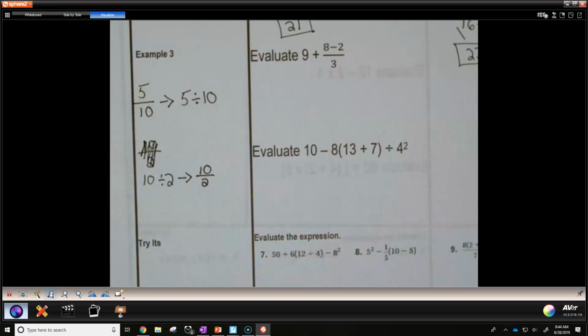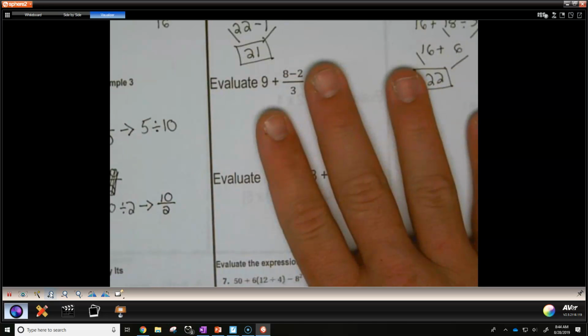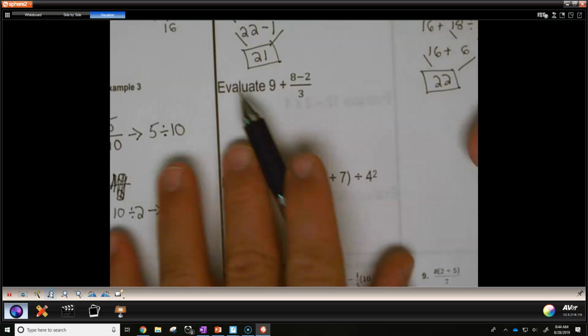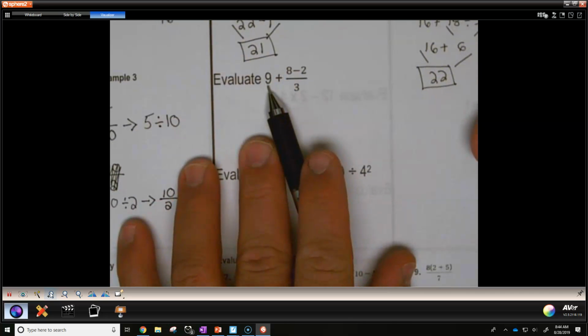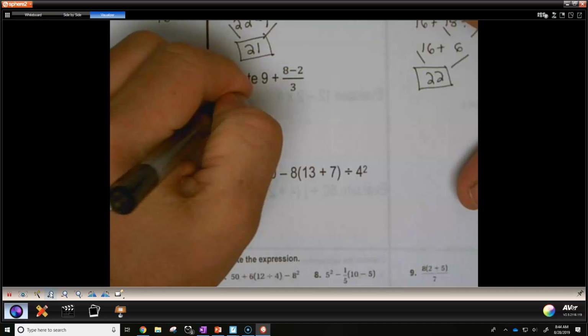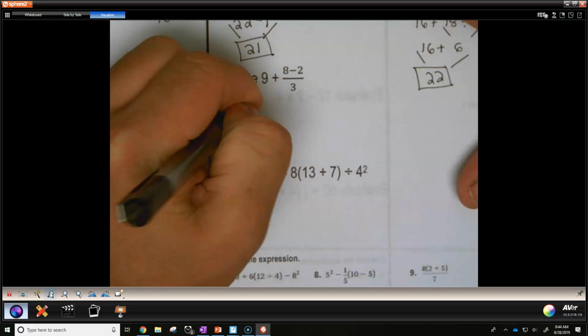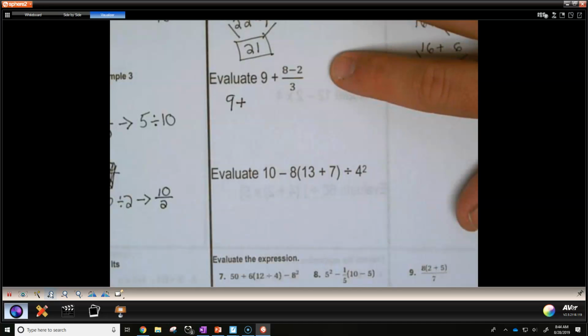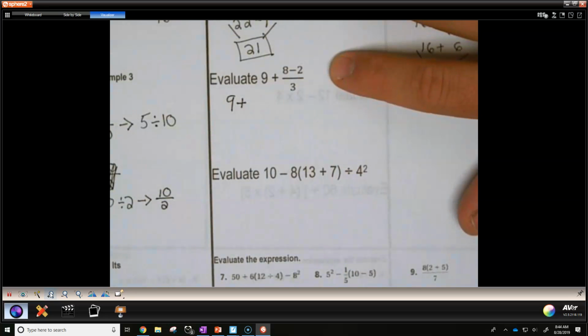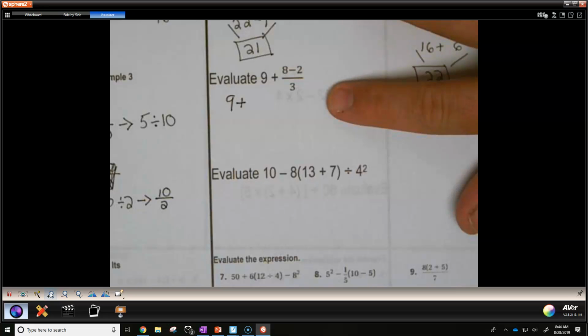Okay? So, what we have to do, if we have this problem, first step is we have to rewrite it. And we're going to rewrite it left to right. So, follow with me here. I'm going to write down the 9. Plus. Now, in the numerator, I have something going on, and I have division.